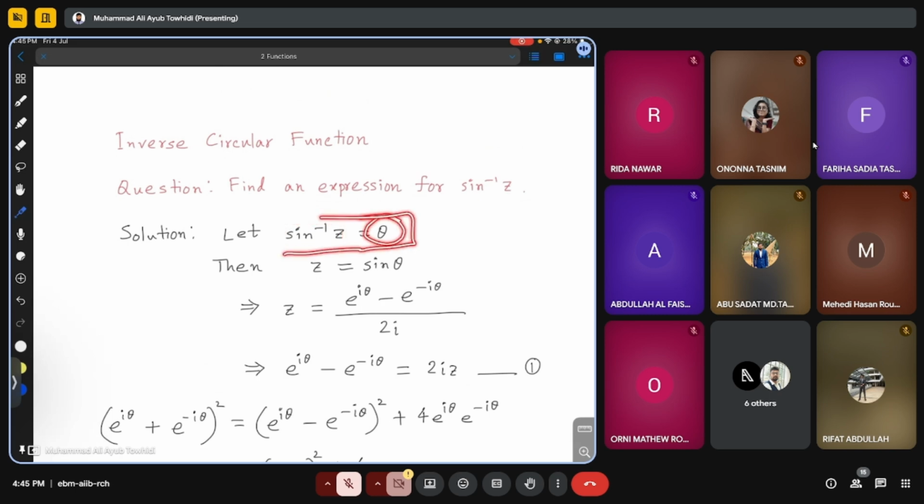Let sine inverse z equal to theta. Then from definition, z becomes sine theta.